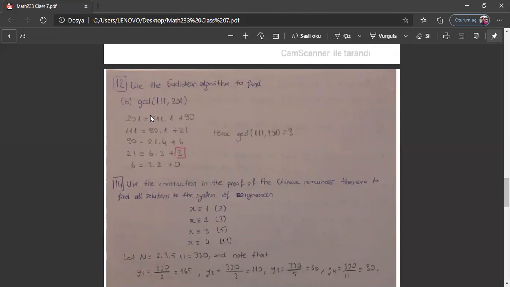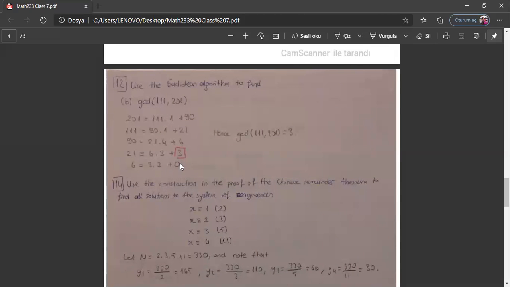Now we take this and divide it by the remainder, and here we have again another remainder. Now we take this one, 90, and divide it by this remainder and get this. Again, take this 21 and divide it by the remainder and get 3. Then we do the same thing for the last time and get 0.